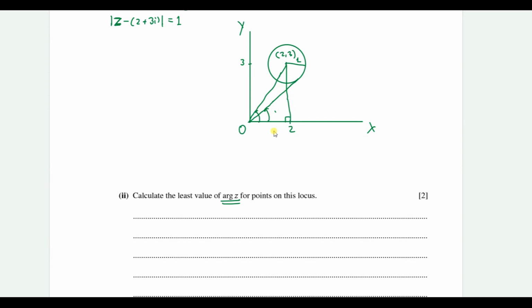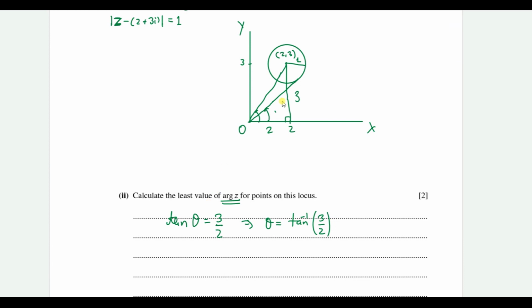With the help of tan, this is 2, this is 3, so tan theta is equal to 3 by 2, or theta will be tan inverse 3 by 2.